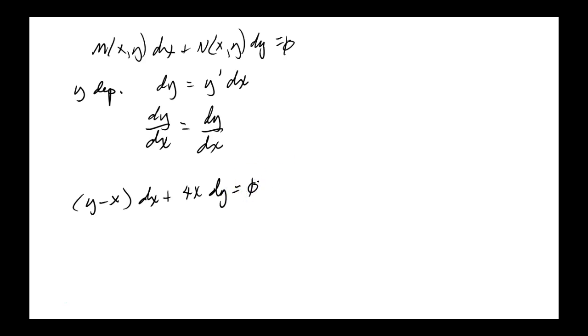Now this is a differential equation in differential form. You don't have a derivative in it, you have differentials, dy's and dx's. And this is just like what we have at the very top. Your M of xy down here is y minus x, and your N of xy over there is simply 4x. No y in it.